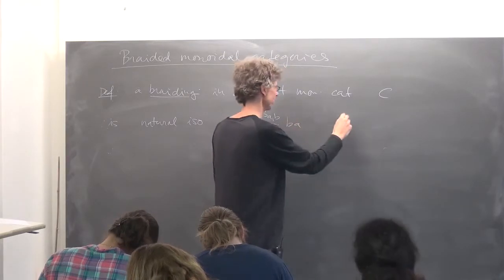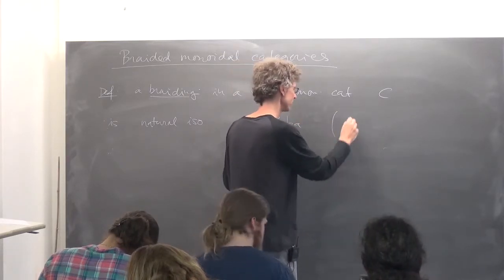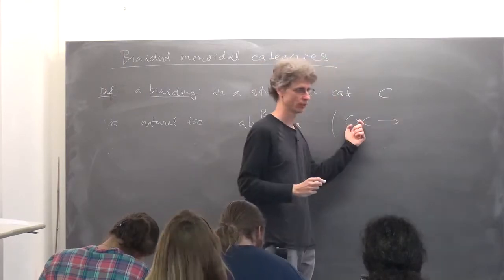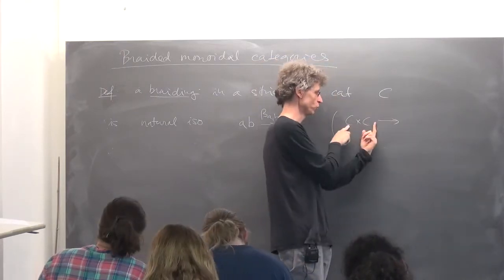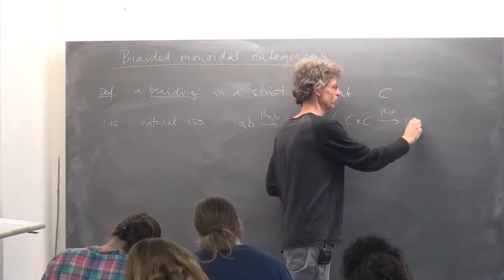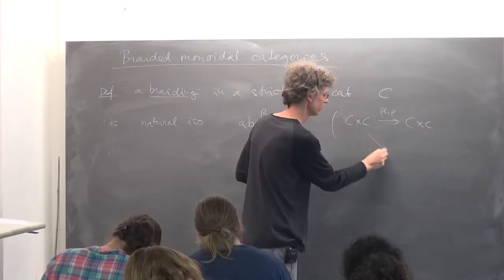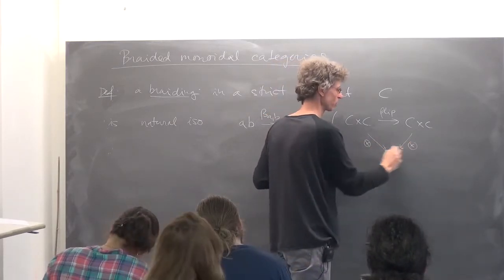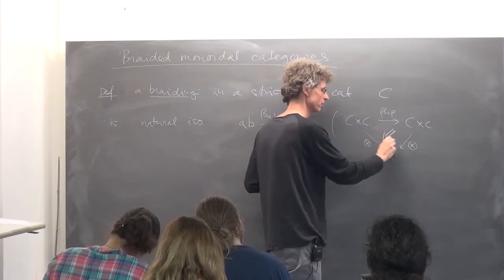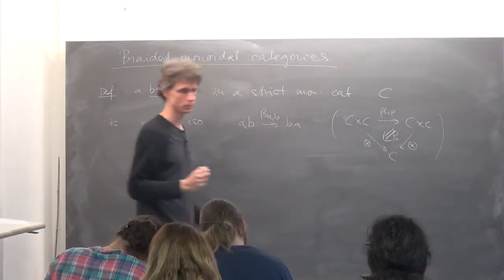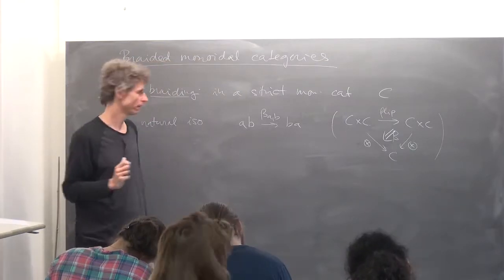So beta is a natural isomorphism: we do a flip, go to C times C, and then we compute the product, and beta is an isomorphism like this.